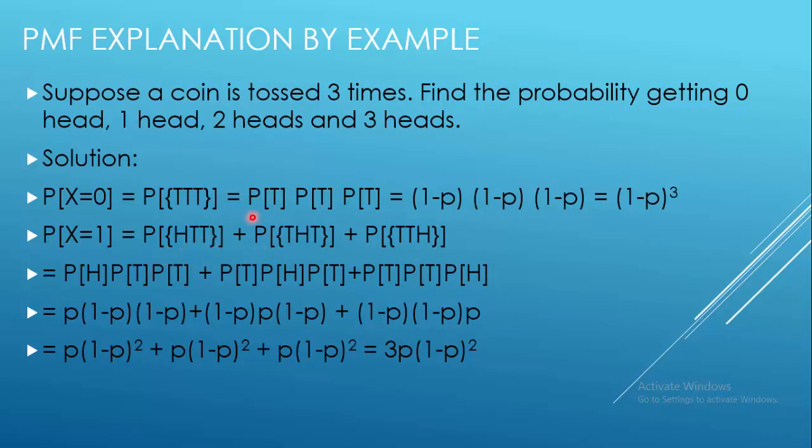Again, we simply multiply the probability of head, the probability of tail, and the probability of tail. Since we are interested in head over here, we call it success, we call it P, and the failure, tail, is 1 minus P. So P multiplied by 1 minus P multiplied by 1 minus P, and similarly we have written for this one and this one also. Using simple algebra, we find that P of x equal to 1 is equal to 3p multiplied by (1 minus p) whole squared.